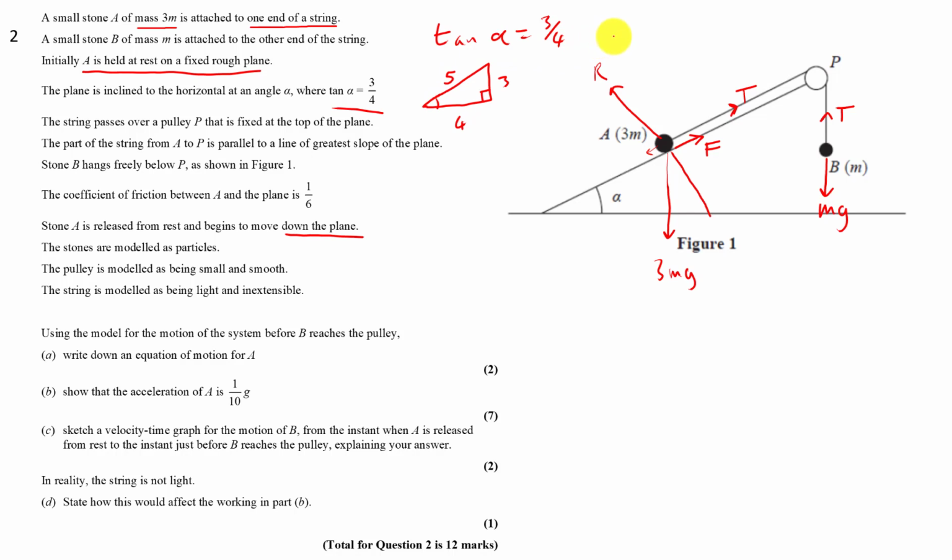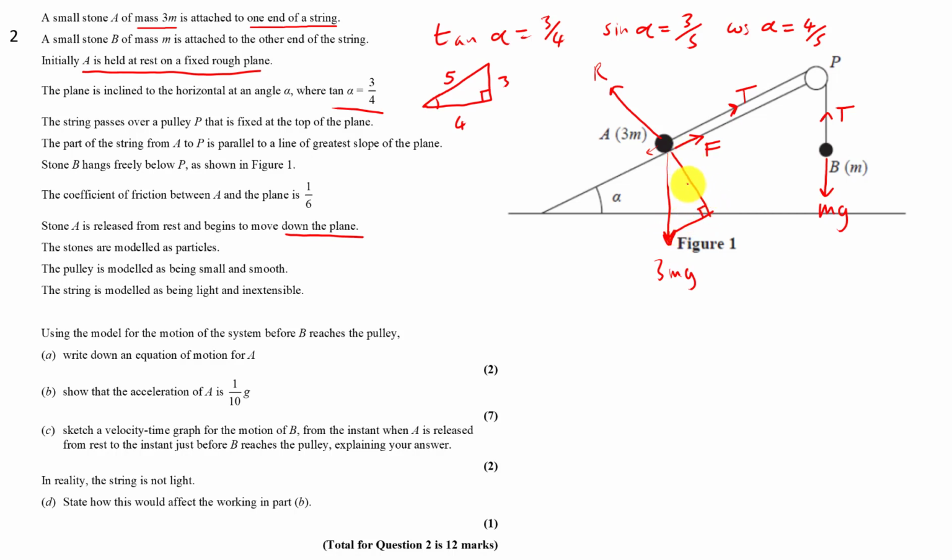So you know tan alpha is 3/4. Sine alpha, opposite over hypotenuse, is 3/5. Cos alpha is adjacent over hypotenuse, so that's 4/5. Now let's finish this diagram here. We know this is the right angle. We've got the 3mg going this way.